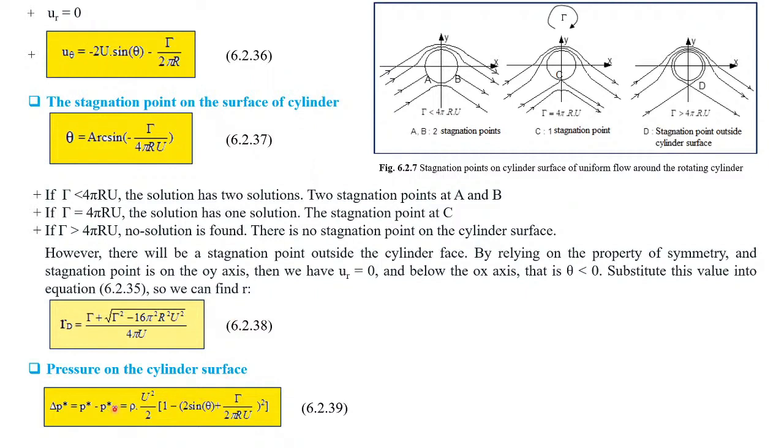So we have delta P equal P minus P infinity. If P infinity is zero, that means we use the gauge pressure, and the pressure at the infinity point is 0. Therefore, we get the pressure on the surface of the cylinder like this formula. So you can see this depends on theta and gamma as well.